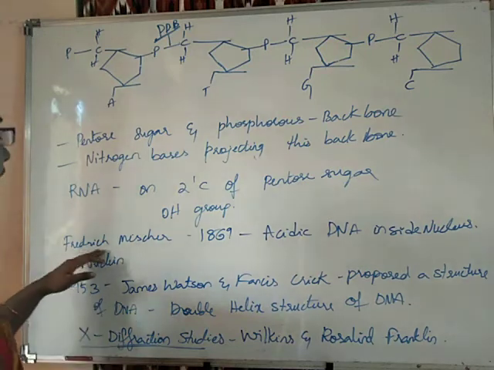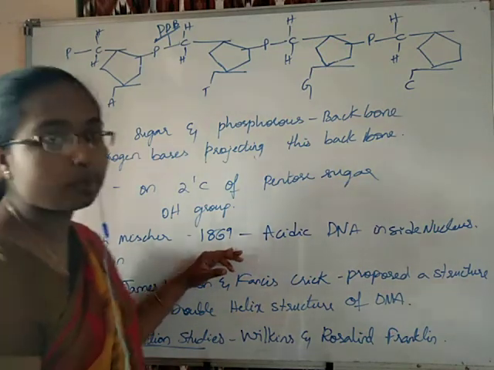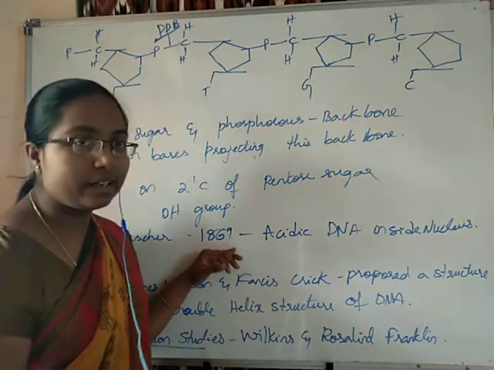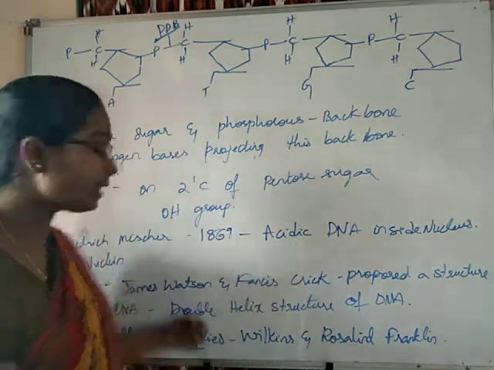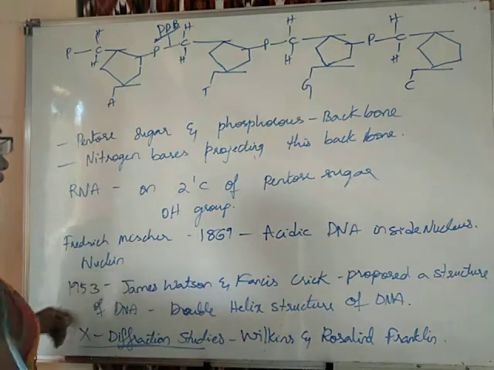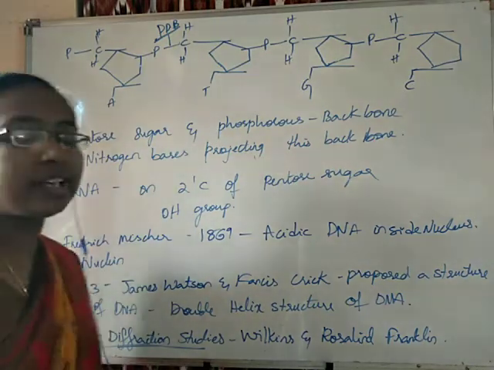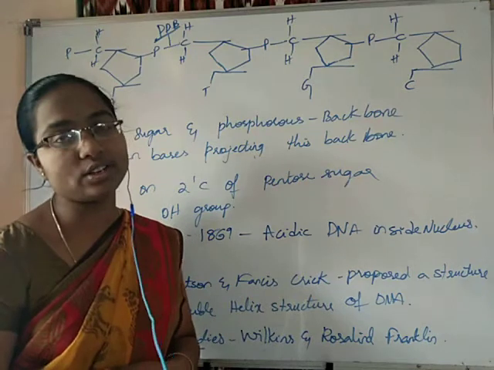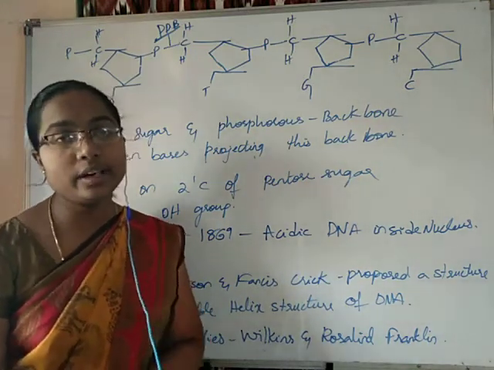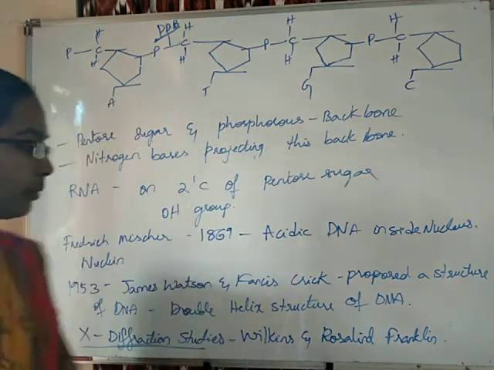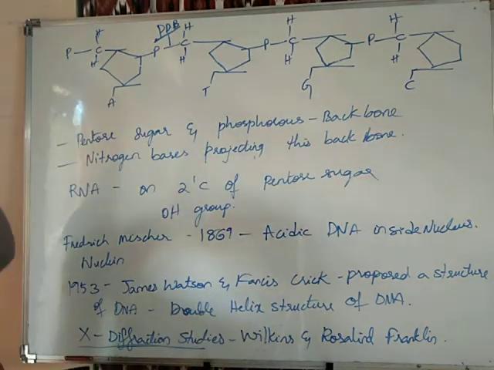Friedrich Miescher in 1869 identified the acidic DNA inside the nucleus. He called it nuclein, but he was unable to isolate it and propose its structure because of the lack of proper techniques at that time.